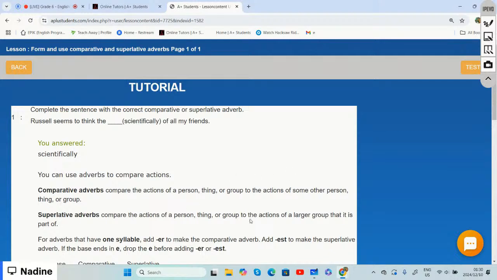All right. If we look at our sentence, it says Russell seems to think the, and we have the word scientifically. So do we either drop the Y and add IER or IEST, or do we add more or most?